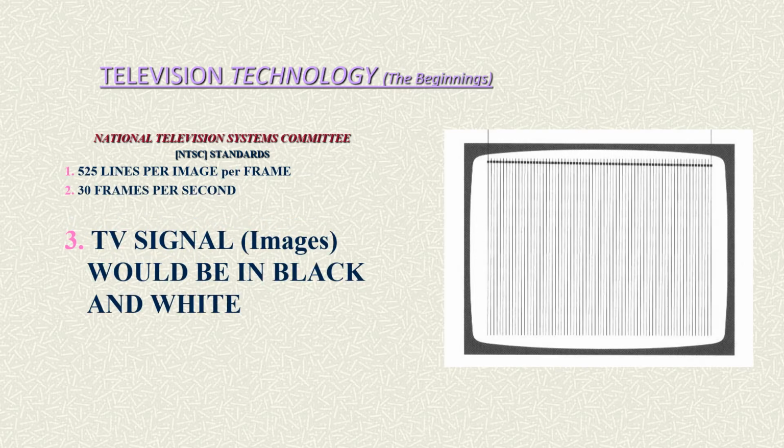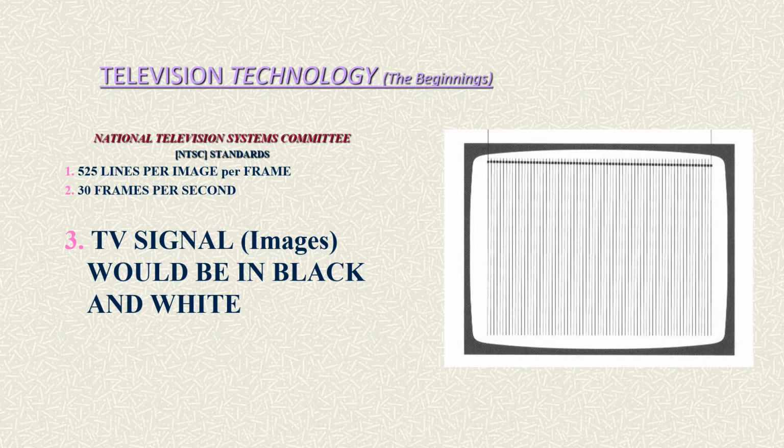The final standard that they settled on was that in these early days of television development, any sort of television signal sent out from a television tower, from a TV station, to a receiver in a community would only be a black and white signal. That is, the images could only be conveyed in black and white.